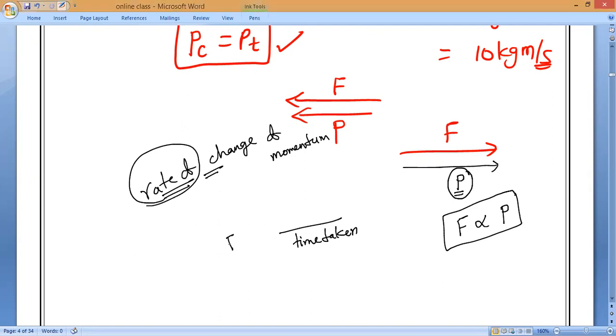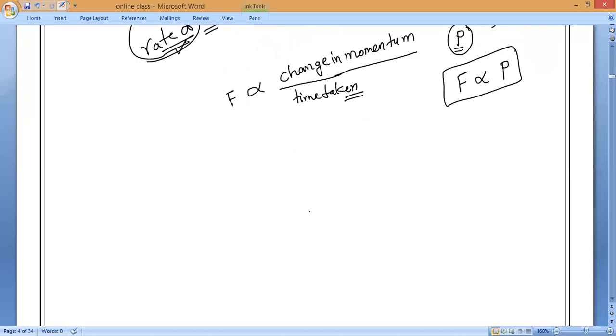So the formula turns into: force applied is directly proportional to change in momentum divided by time taken. Rate of means time taken. That is what you have to remember.